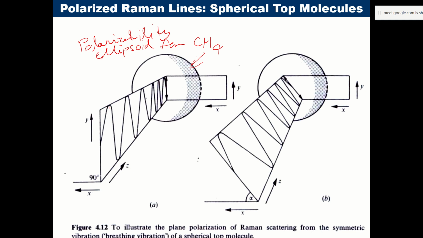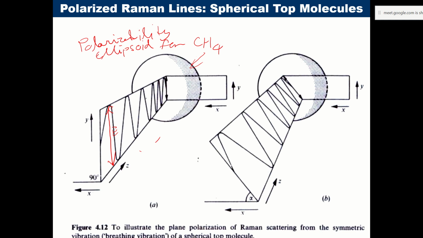This is the oscillating electric field, and this is the direction of propagation of light. तो इस तरह से लाइट जा रही है, इलेक्ट्रिक फील्ड ऑसिलेट कर रहा है, और ये मॉलिक्यूल CH4 है जो पोलराइजेबिलिटी एलिप्सॉइड स्फेरिकल दिखता है.